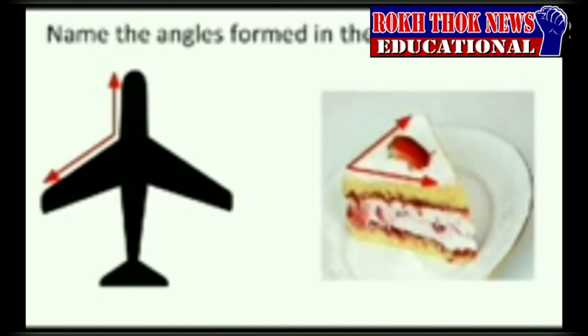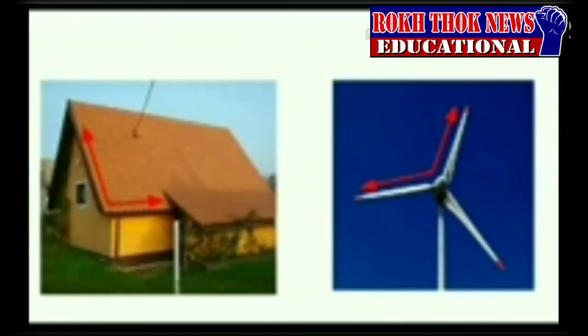So, which angle does it make? Yes, this slice of cake makes an acute angle. In the next slide, the first picture is the roof of a house. Can you see the arrow marks? This arrow mark shows which angle? Right angle. Very good.